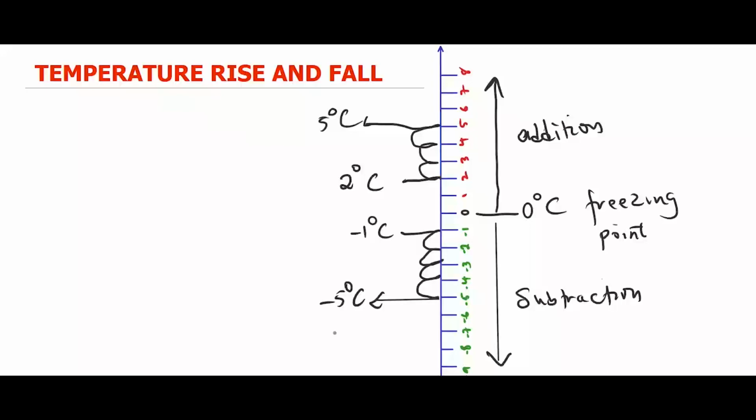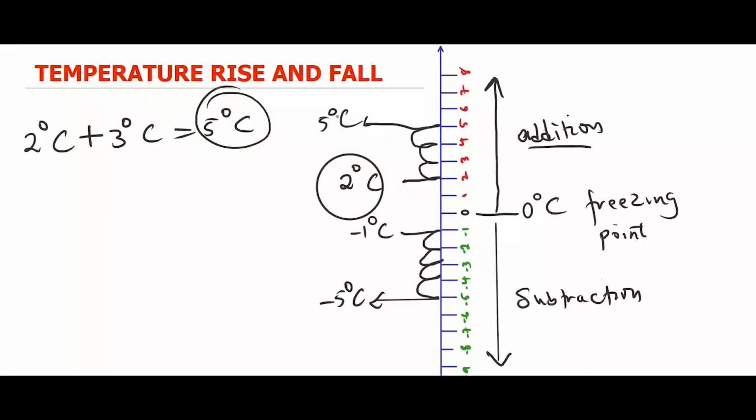degrees Celsius. So in another way, when the temperature rises, it means addition. When the temperature was 2 degrees Celsius and it rises by 3 degrees, you can easily add 3 degrees Celsius to it and you still get 5 degrees Celsius, just like what we got here. You can do the same for the negative one too.